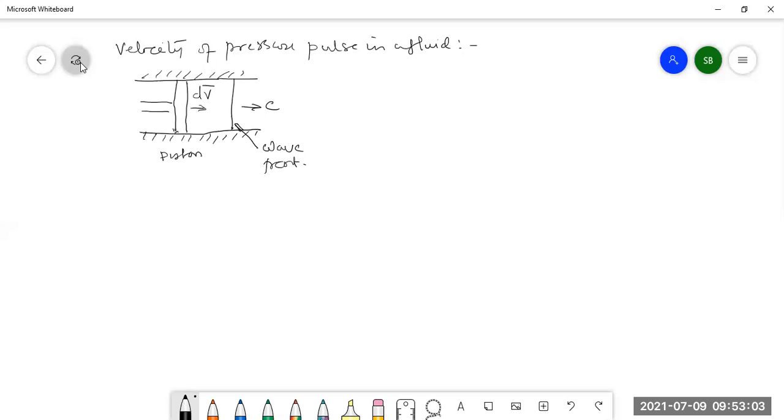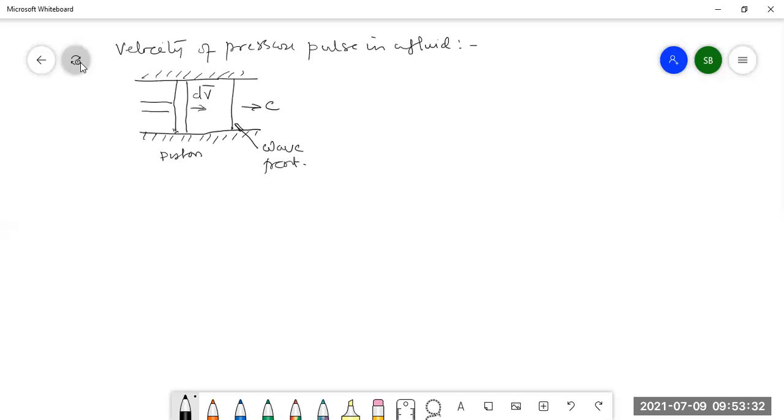The pressure front propagates steadily to the right with the velocity c, which is known as the velocity of sound. So if there is a slight movement of the piston, we assume that the wave front moves rightwards with the velocity of sound, also called the sonic or acoustic velocity.